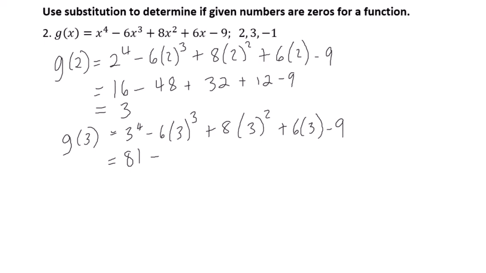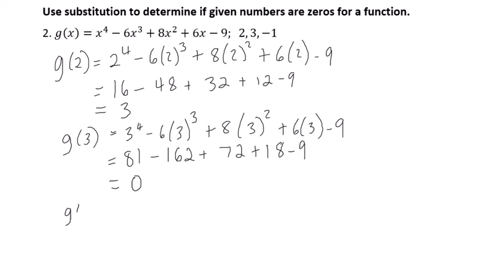And that will give you 162, plus 8 times 9, which is 72, plus 6 times 3, which is 18, minus 9. 162 and 9 are your negatives. Add 81, 72, and 18 together, and you will get those canceling each other out.